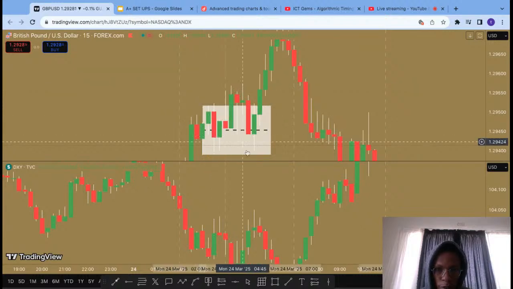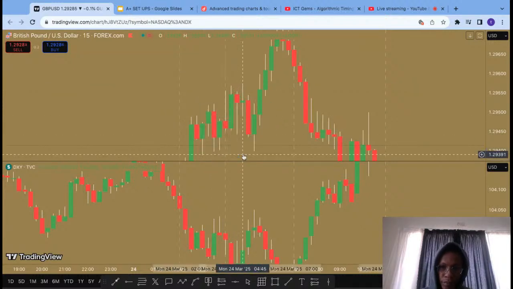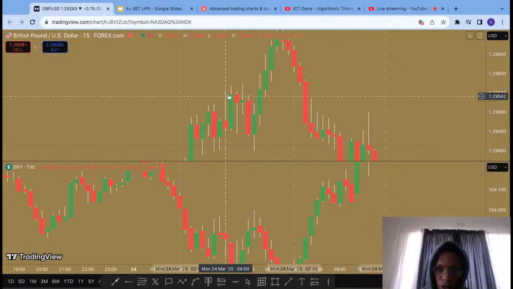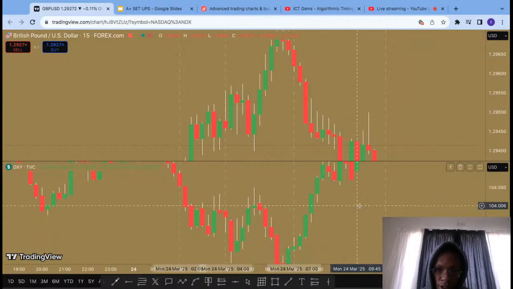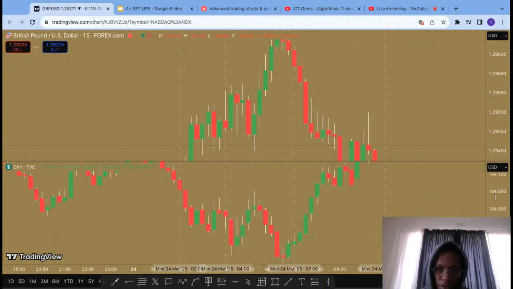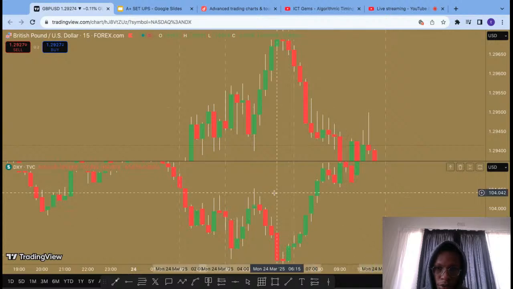This candle fails to close past it. Then you see this run up higher here, and you get another propulsion block. If for example you took this trade here, fair enough. I wouldn't blame you.